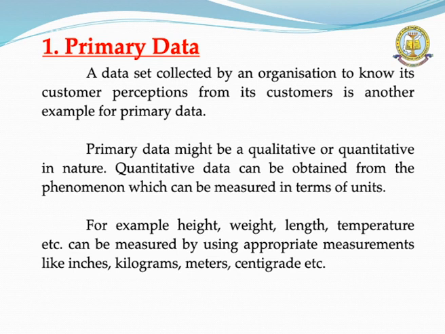How can we measure? In units like inches, kilograms, meters, centigrade, etc. We can see in newspapers the temperature recorded in a particular city, season-wise, displayed each day. So, that is quantitative measurement.